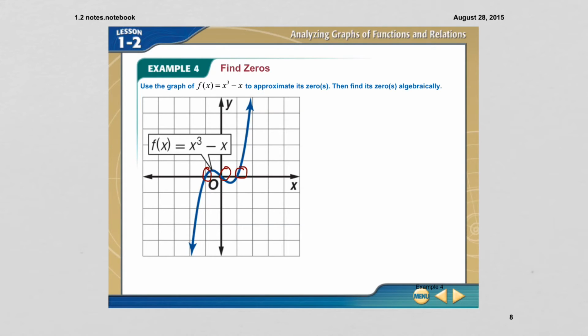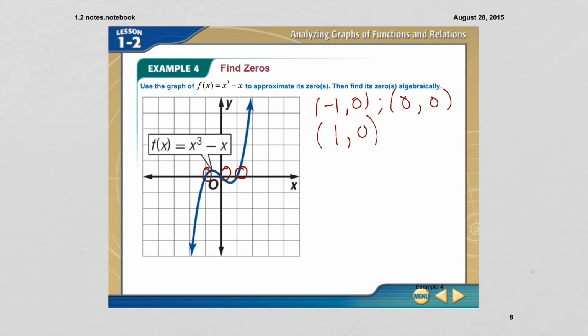So graphically, I have the points (-1, 0), (0, 0), and (1, 0). Okay? In this case, I have 3 zeros. The most y-intercepts I can have and still have a function is 1. The number of zeros depends on your function.